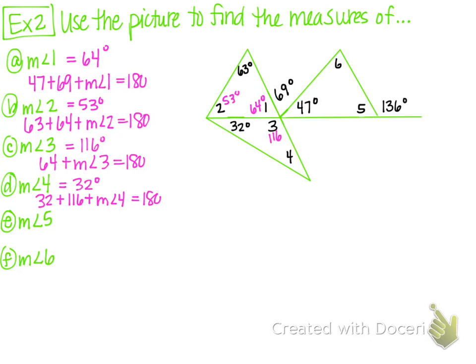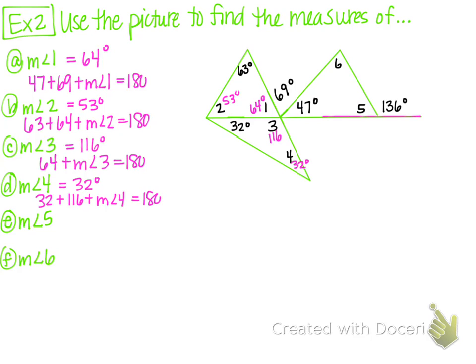Now let's look at angle 5. Let me mark this one up here. 32 degrees. Might not need it, but you never know. So next we got to do is find the measure of angle 5. Angle 5 is over here. Now, similar to where we found the measure of angle 3, so C, we have a line here, which means that these two angles, 5 and 136, are supplementary.